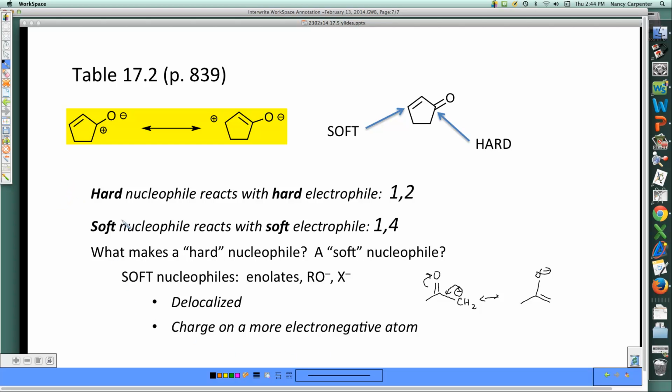What on earth then is a hard nucleophile? Well, geez, something like H-, where that charge has no place to go. That would be a hard nucleophile. And certainly our organolithiums and Grignard reagents are definitely hard nucleophiles.